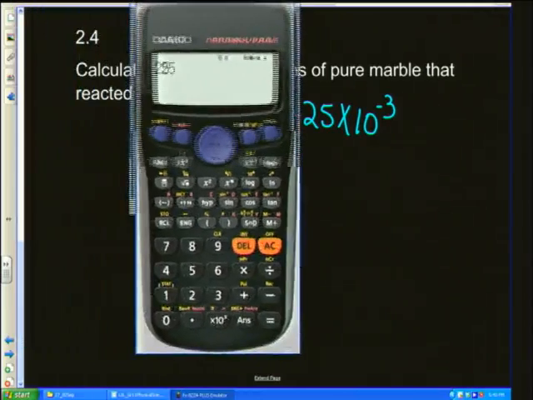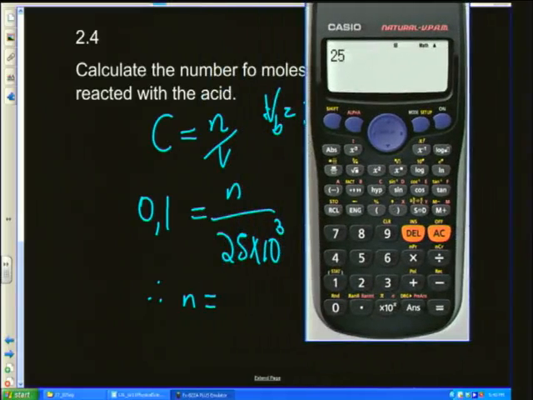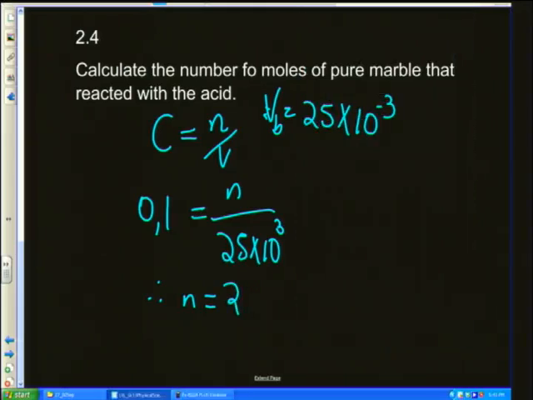Therefore, the number of moles is equal to 25 by 10 to the power minus 3 times 0.1. Okay, and what do we get? 2.5 by 10 to the power minus 3 moles.